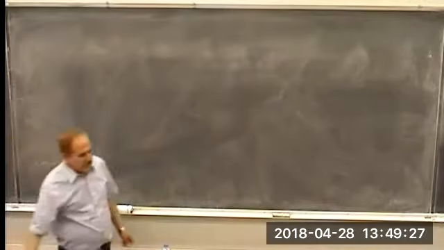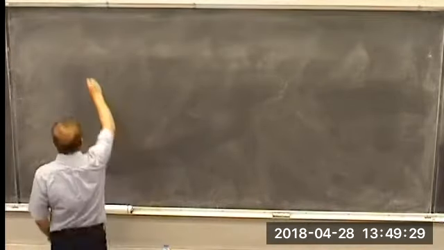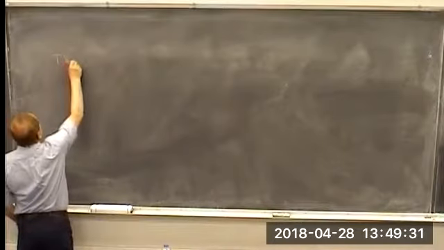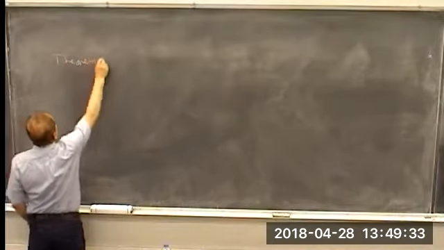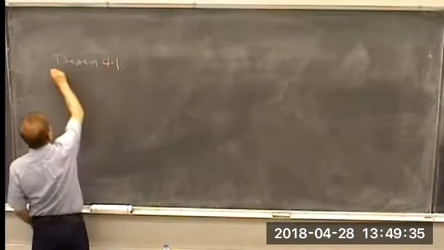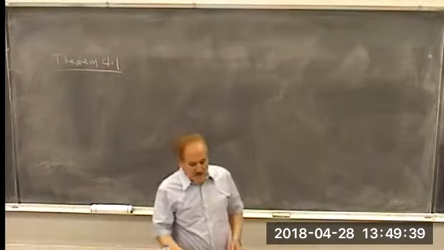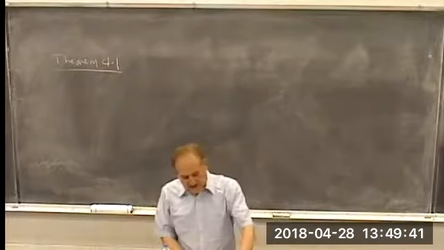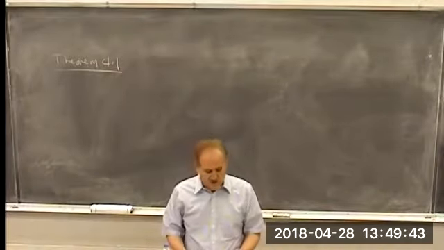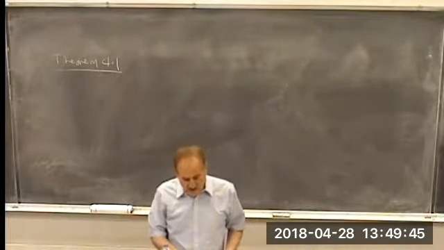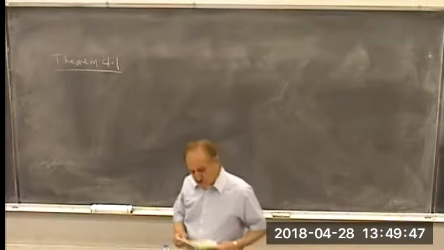So this is theorem 4.1. We're going to see that this theorem provides another definition, another way of looking at two numbers being congruent to each other.